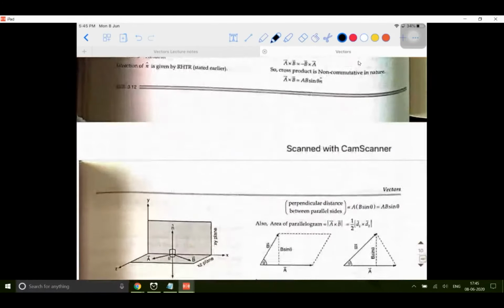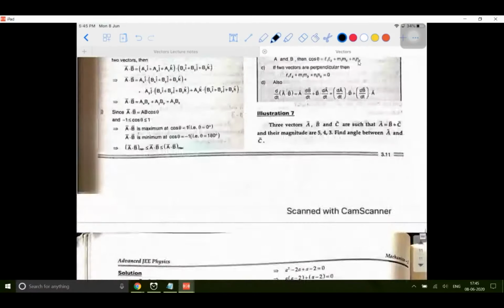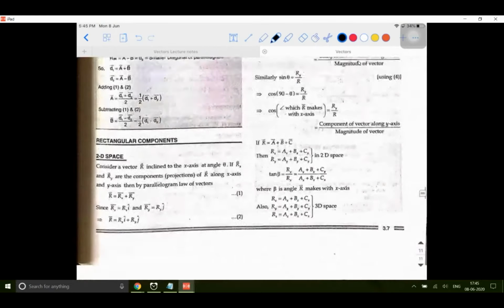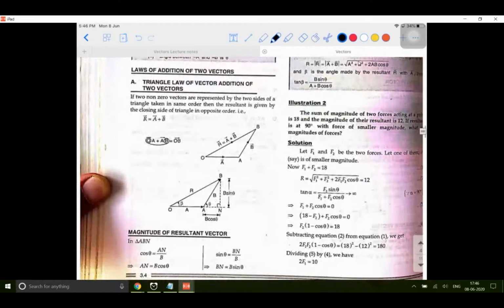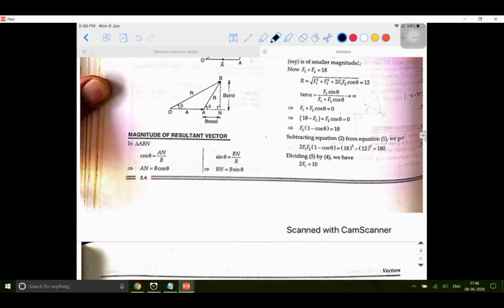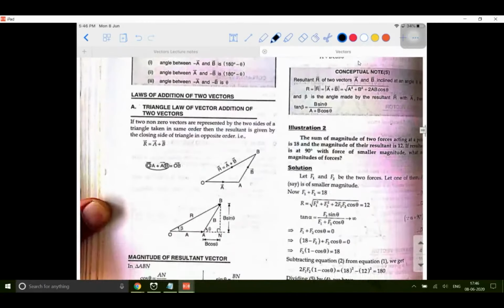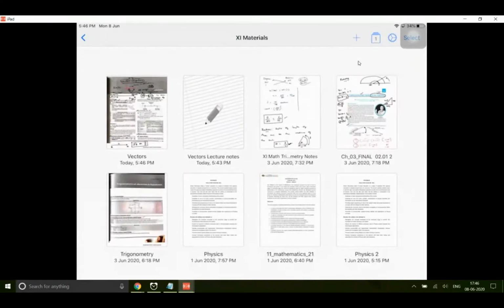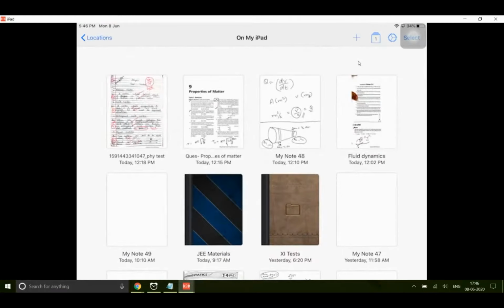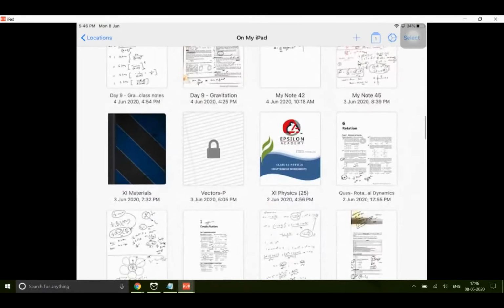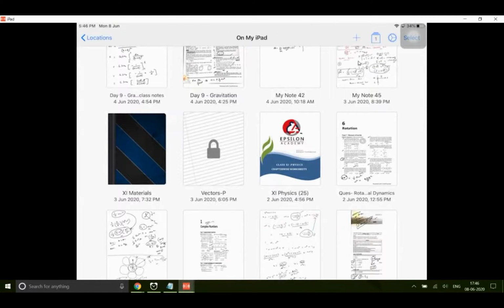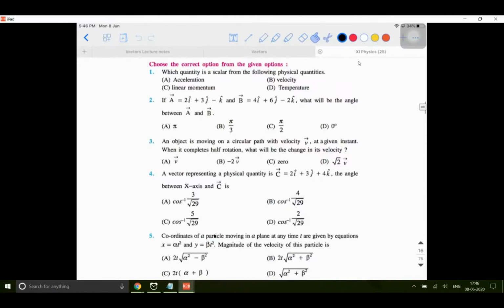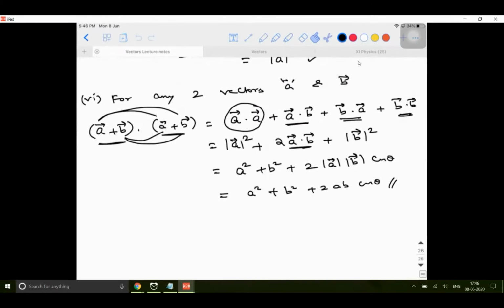In case you people are trying, let me know once you get the answer. Did somebody get the answer? 2 or minus 1, sir? 2 or minus 1.